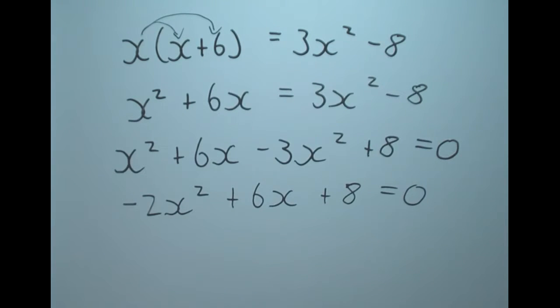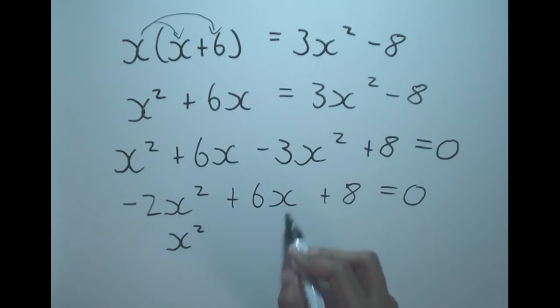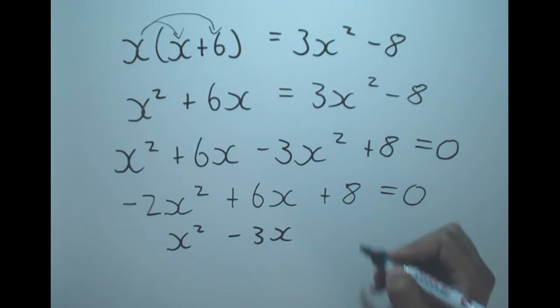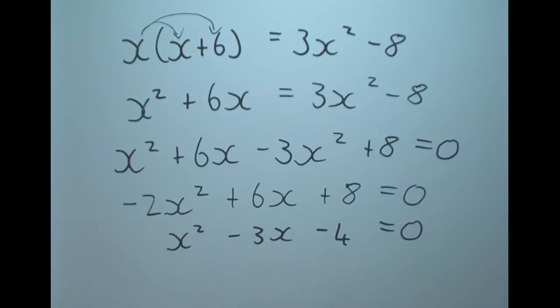So I can divide everything by minus 2, because when we're working with an equation, we can divide both sides by the same number and be okay. If I divide this by minus 2, I end up with x squared. Dividing this by minus 2, I end up with minus 3x. And dividing this by minus 2, I end up with minus 4, is equal to 0.